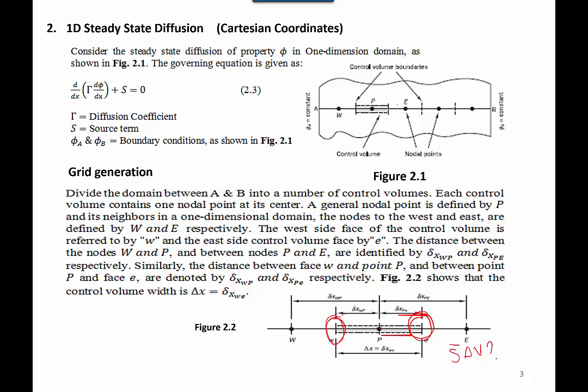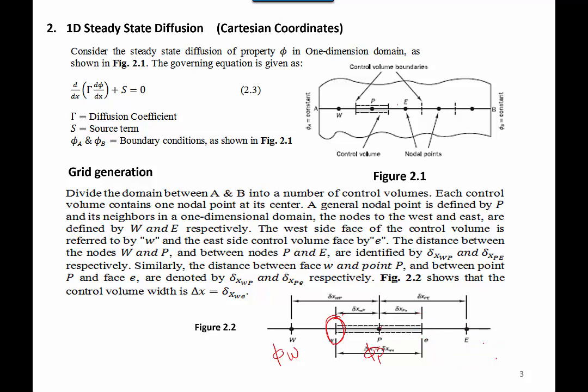As we know, our solution will end with the values of the distribution of phi at all big letters, which is phi at big W, phi at big P, and phi at big E.